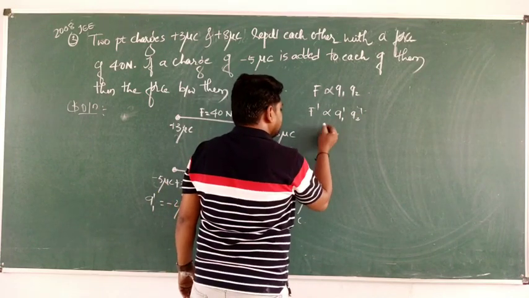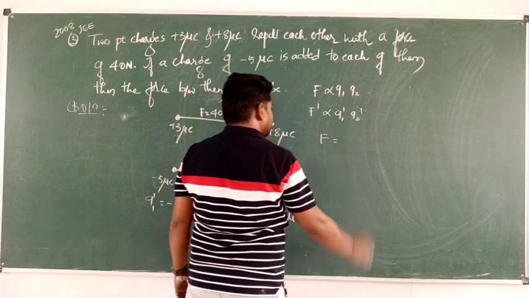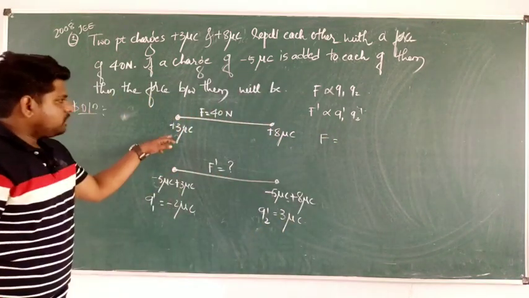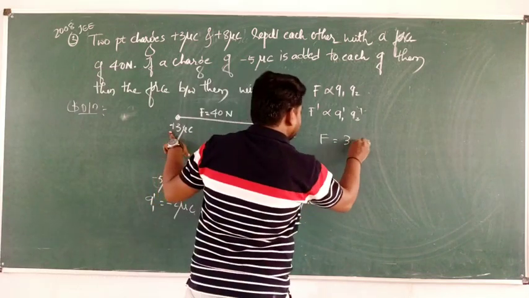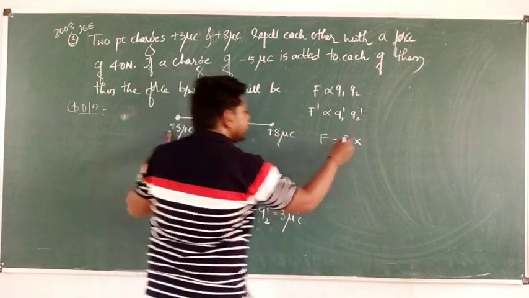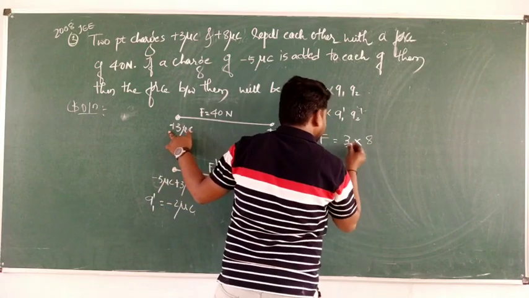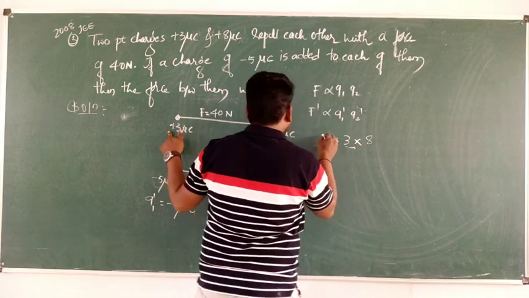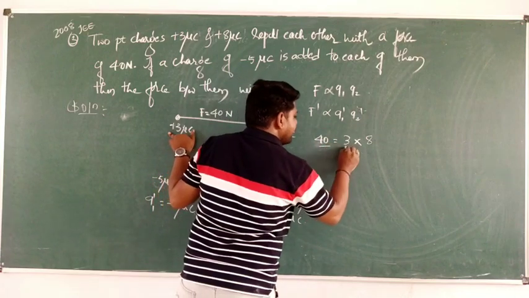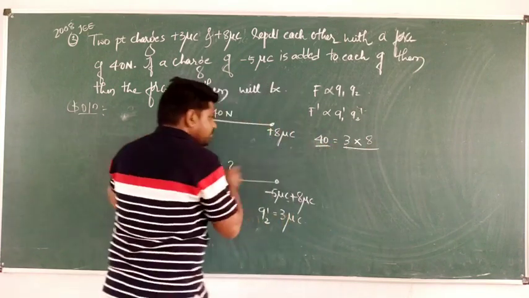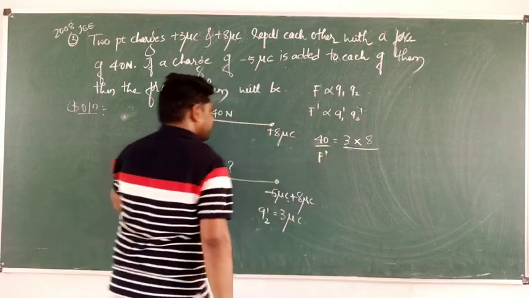I will divide this. F equals to Q1 Q2. Q1 is 3, Q2 is 8. What is this force? Force is nothing but 40 divided by, what is this force? New force, that is F dash.